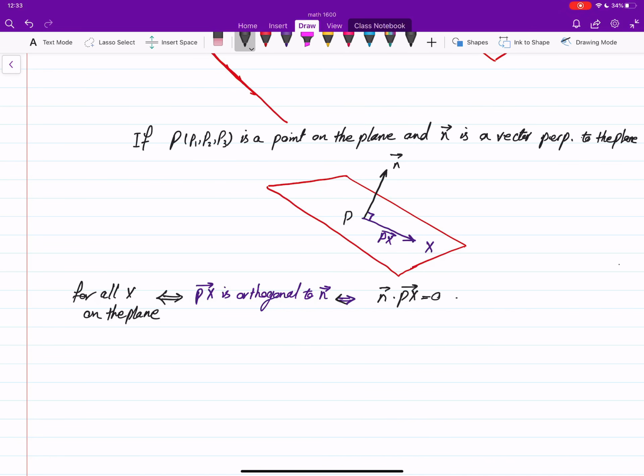Well, let us write the vector Px as x minus p.